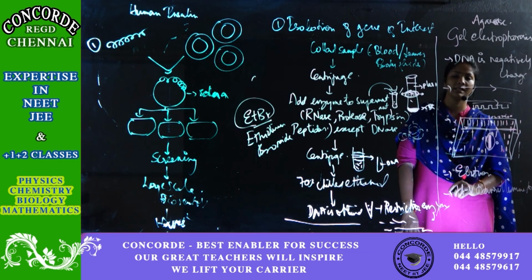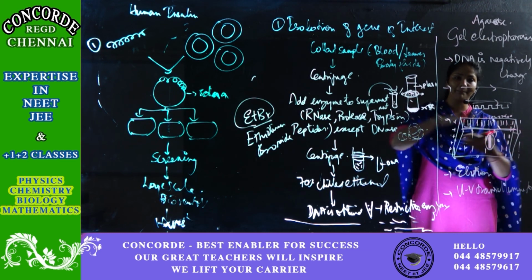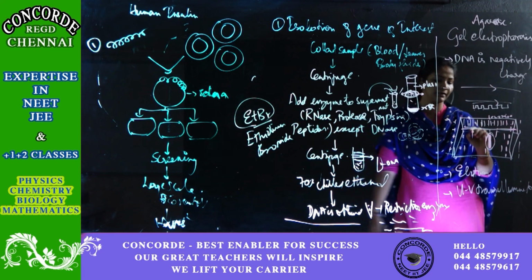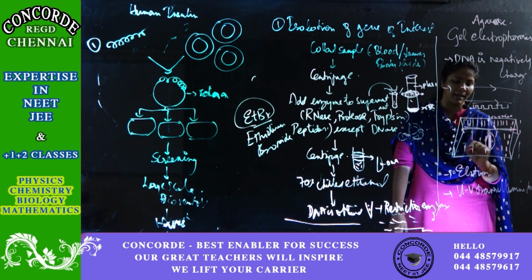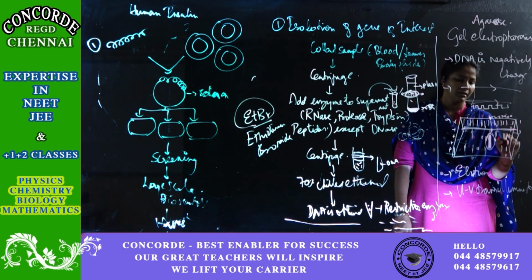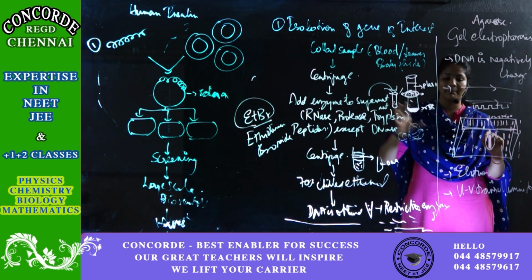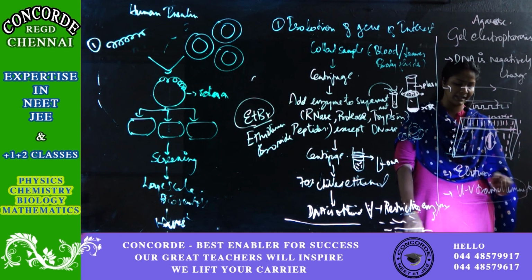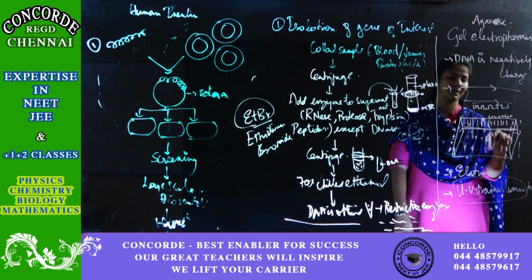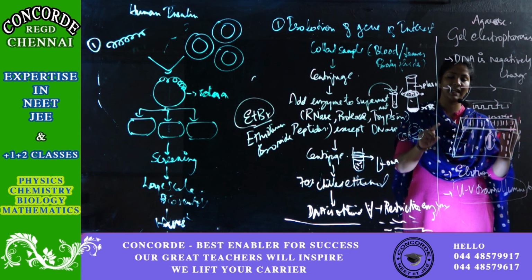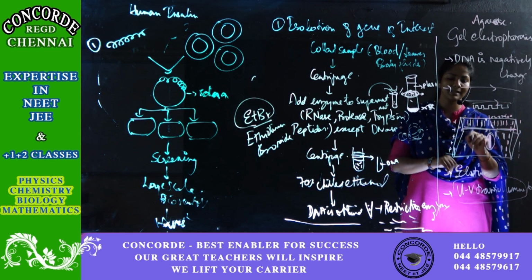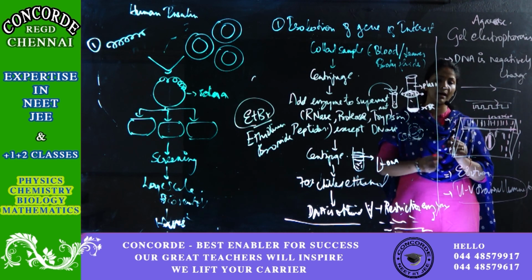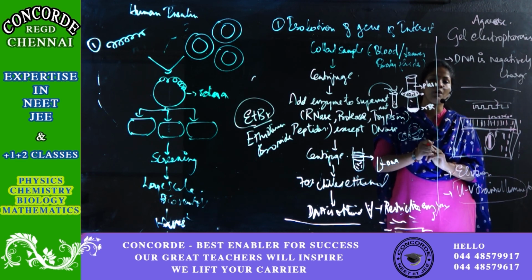When I keep my gel inside the UV transilluminator, this ETBR will give a glow to the bands. So ETBR will impart some fluorescence to the bands. When I read it in the UV transilluminator, I can visualize my bands in orange color, and the gel will be in violet color. Why is that orange color? It is because of your ETBR. So this is how I isolate my gene of interest.